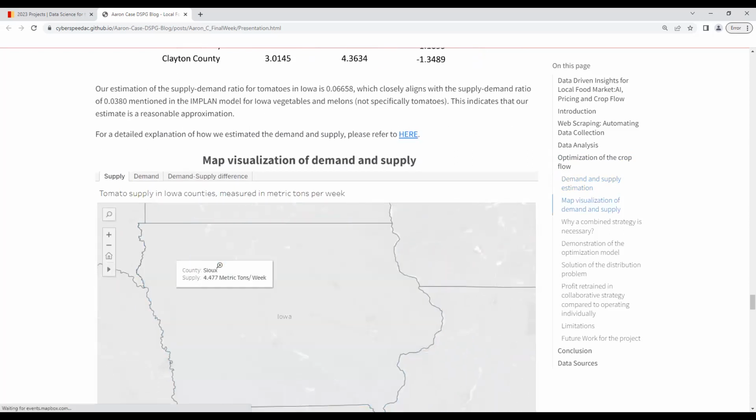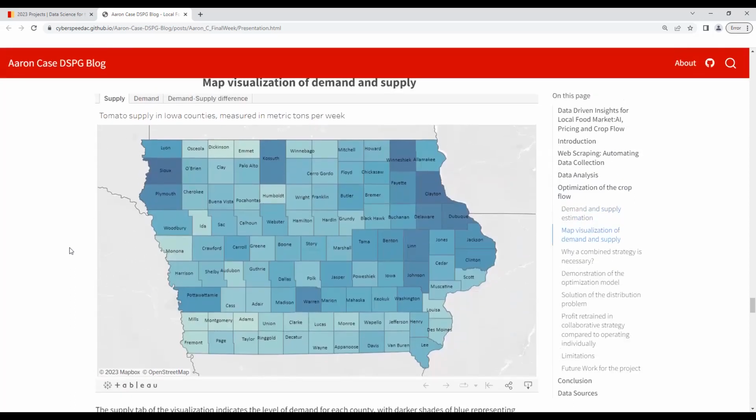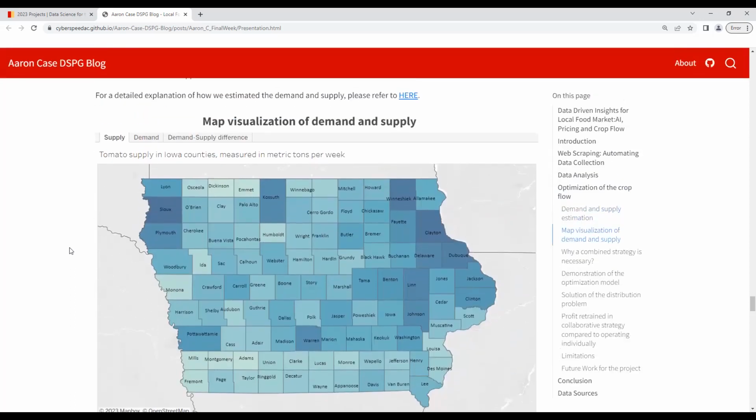Next, we plotted the supply and demand information across the Iowa map. In the first step, we have the supplies of tomatoes. The color gradient varies from light blue to deep blue.